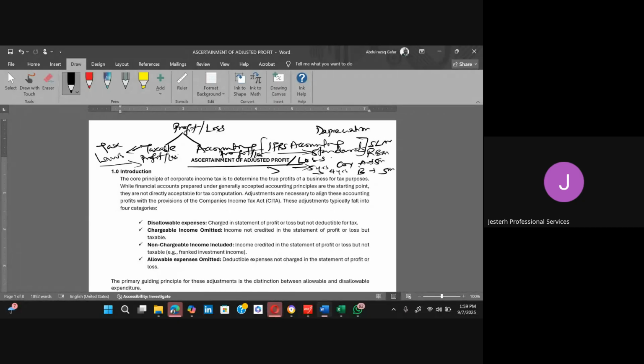It is used as what we are going to leverage on, but the profit is not what will be adopted to compute tax by the company. So that is just an overview of this. Let me explain all this.